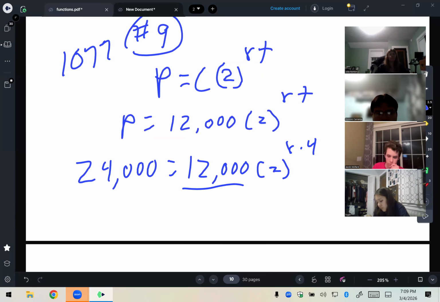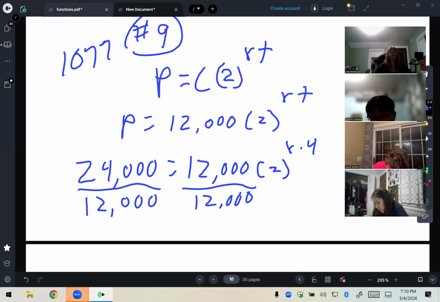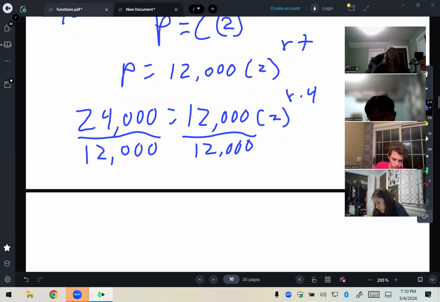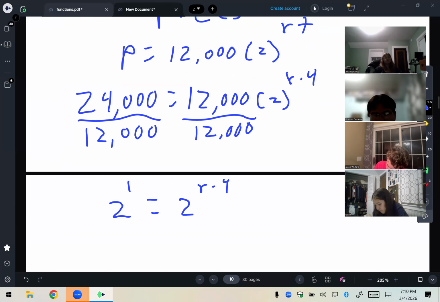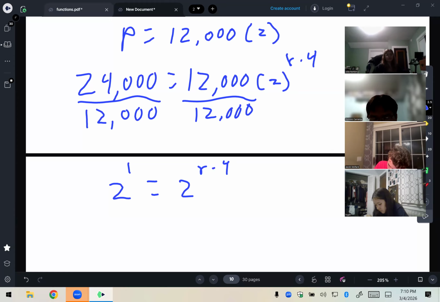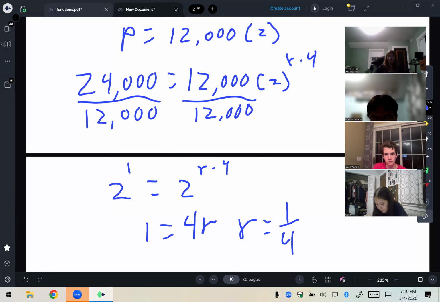Now I divide both sides by 12,000. And we get 2 equals 2 to the R times 4. Well, this 2 is really 2 to the first, so we don't even need the 2's anymore. 1 equals 4R. R equals a fourth. So it's B.